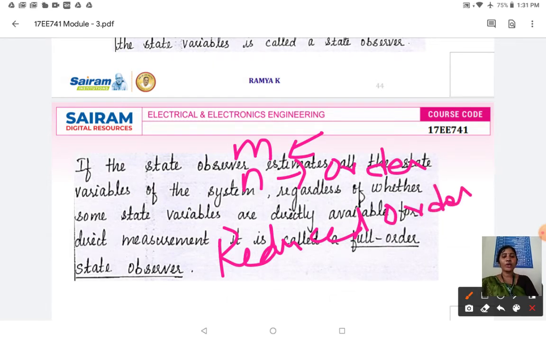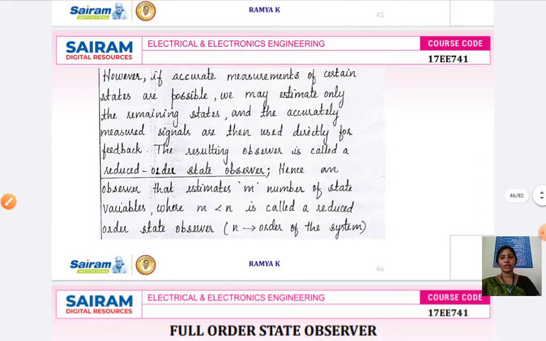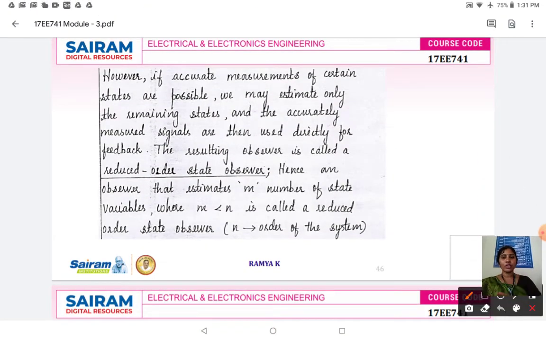It means that we are going to estimate, and after estimation, whatever signal has been obtained will be sent back as a feedback signal for correction purposes. This type of system is called the reduced order state observer. So there are three things you need to follow: what is meant by state observer, what is meant by full order state observer, and what is meant by reduced order state observer.